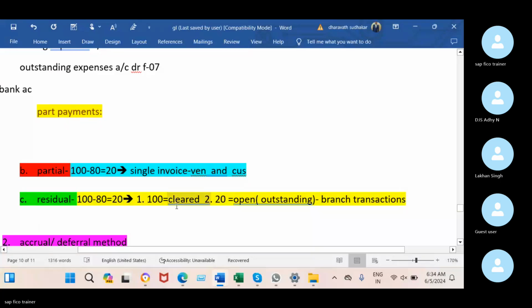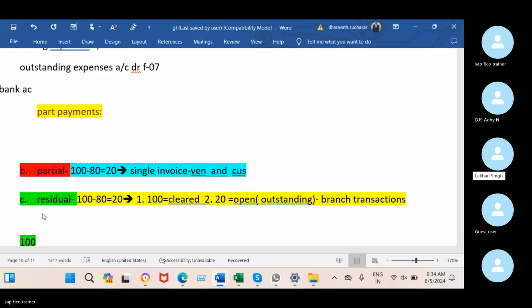100 is cleared. 100 minus 20, what is that balance? 80 only, no? Here in the first invoice, what is the system doing? 100 is showing as cleared, and 20 is outstanding.